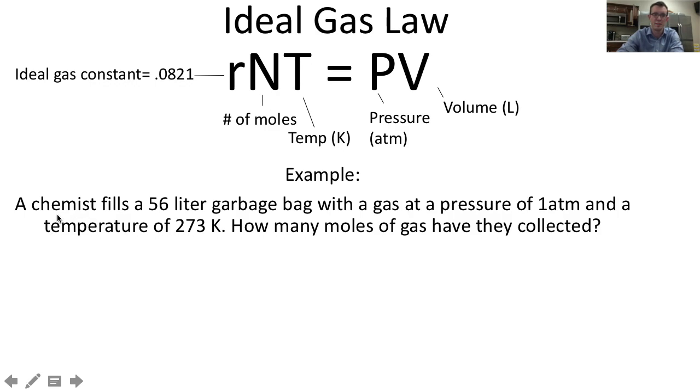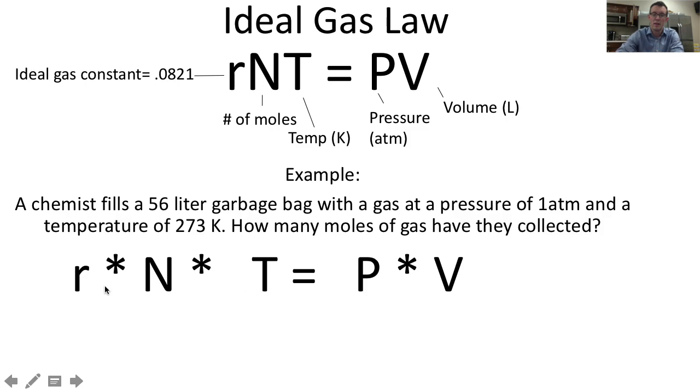So for instance, if a chemist filled a 56-liter garbage bag with a gas at a pressure of 1 atmosphere and a temperature of 273 Kelvin, and they wanted to know how many moles of gas they had collected, we can take the equation, RNT equals PV, and we can start substituting in different values.